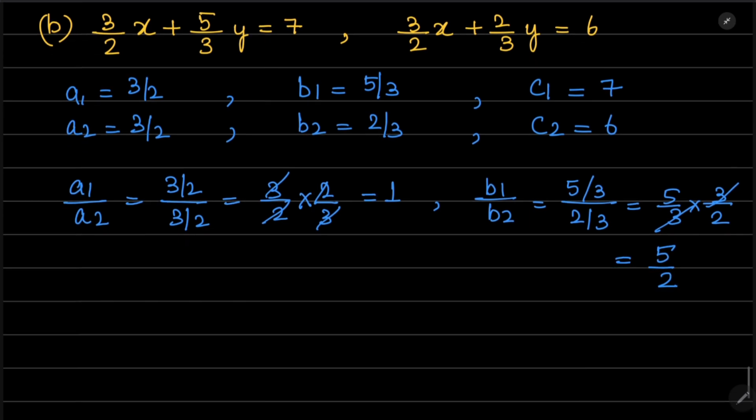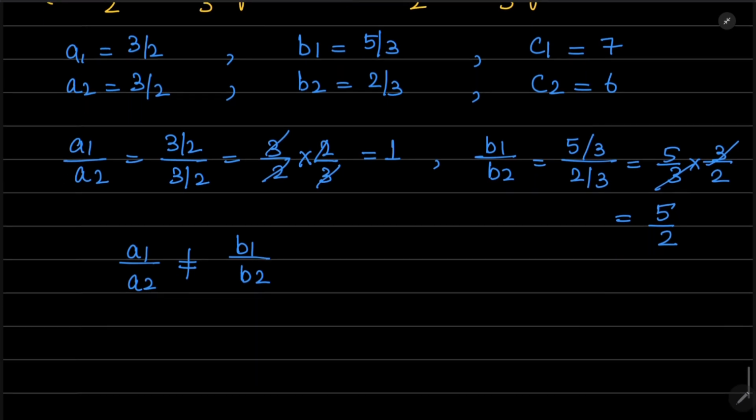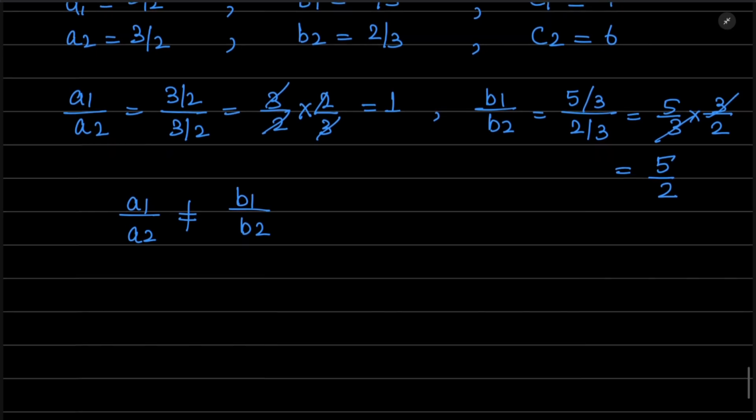Let's stop here. So what do you have here? A1 by A2 is not equal to B1 by B2. This is the inference that you have. Therefore, whenever your first two ratios, that is A1 by A2, is not equal to B1 by B2, it means the lines are intersecting at one point. So you can write, therefore the lines intersect at one point.